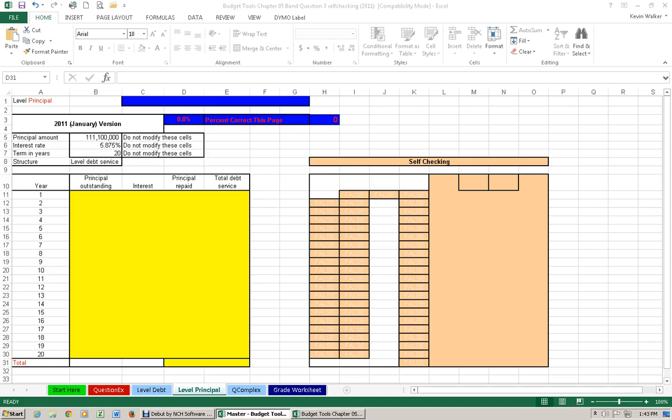Now the level principal is really not too difficult to do. It's a little onerous because you're going to have to put a lot of this stuff in and modify the equation each time. I think I'm using Office 365 to do this. In earlier versions, in a lot of these, you can actually just plug in the formula and copy and paste the formula.